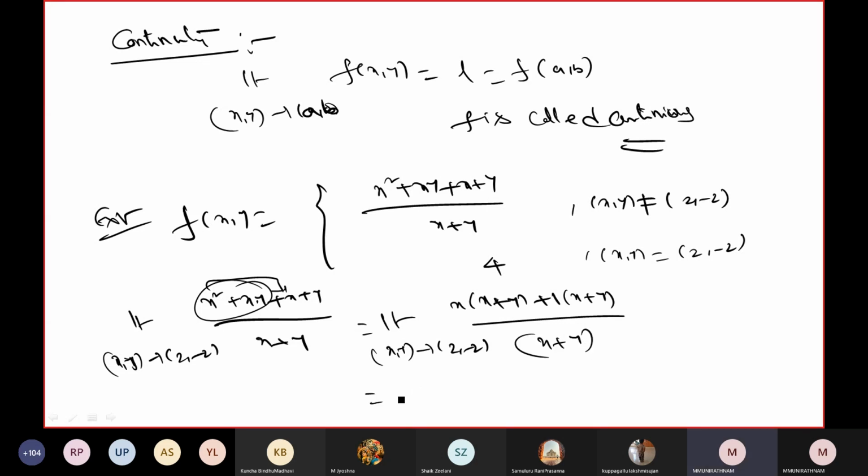Finally, the limit as (x, y) approaches (2, -2) is (x plus 1) into (x plus y) by (x plus y). This cancels, and 2 plus 1 will be 3.